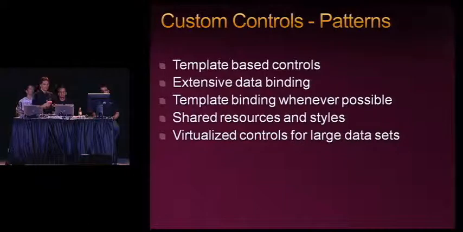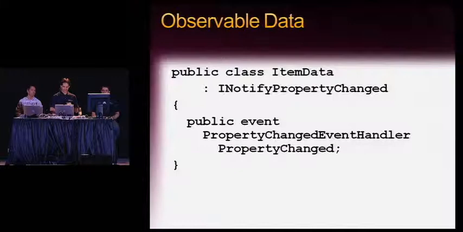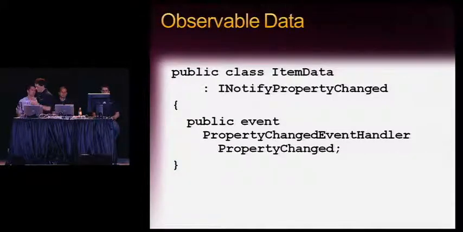Another important lesson that we learned is virtualizing the controls. In our application in particular, we have large data sets, contacts, message lists. People can have thousands or tens of thousands of items in those data sets. I will address that going further. Now, this is nothing new, but in order to have our data observable and to be able to take advantage of data binding, all our objects, data objects from the model, implement this pattern.